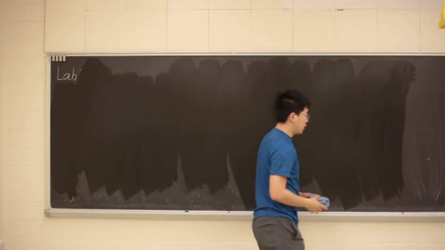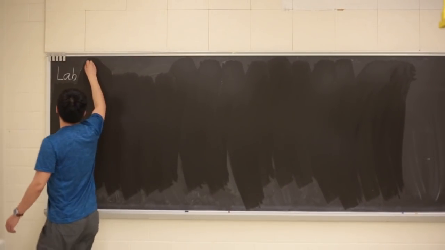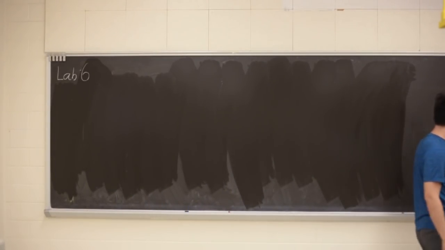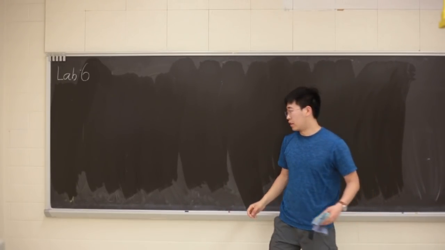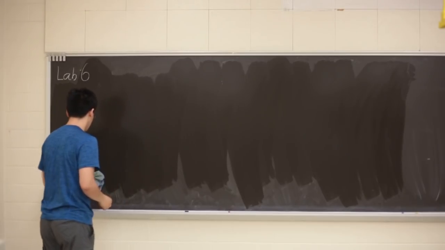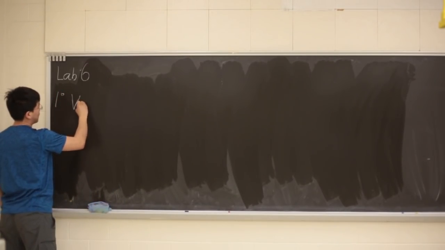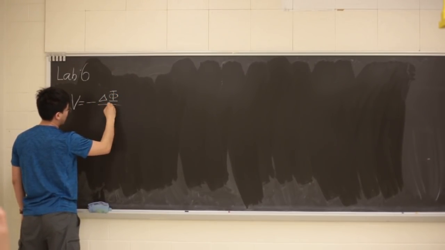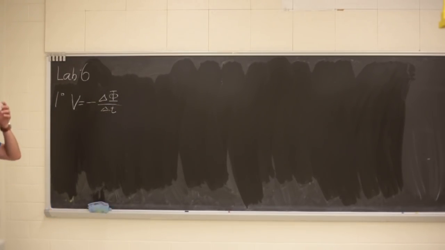Let's go to Lab 6. Lab 6 is generator, I think. Yeah, generator. Basically, the core concept of that is just Faraday's law. Faraday's law: V equals negative delta phi over delta t. Phi is the magnetic flux.